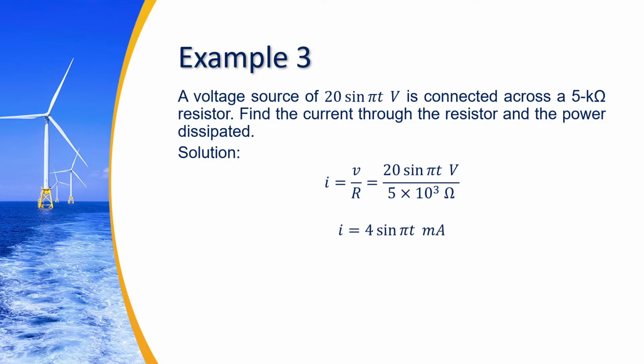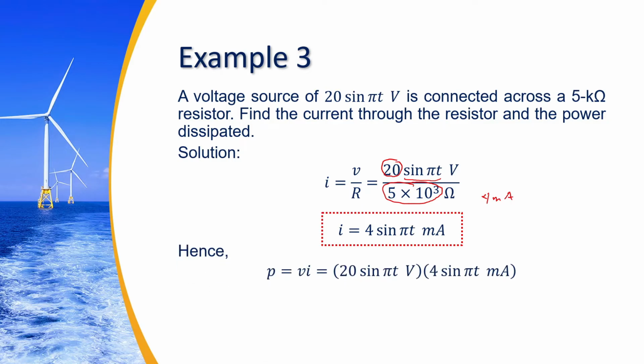Here, we just divide the 20 and the 5 times 10 raised to 3. So, we get an answer of 4 milliamp. Right? Then, we just multiply it by our sin pi t. Okay?